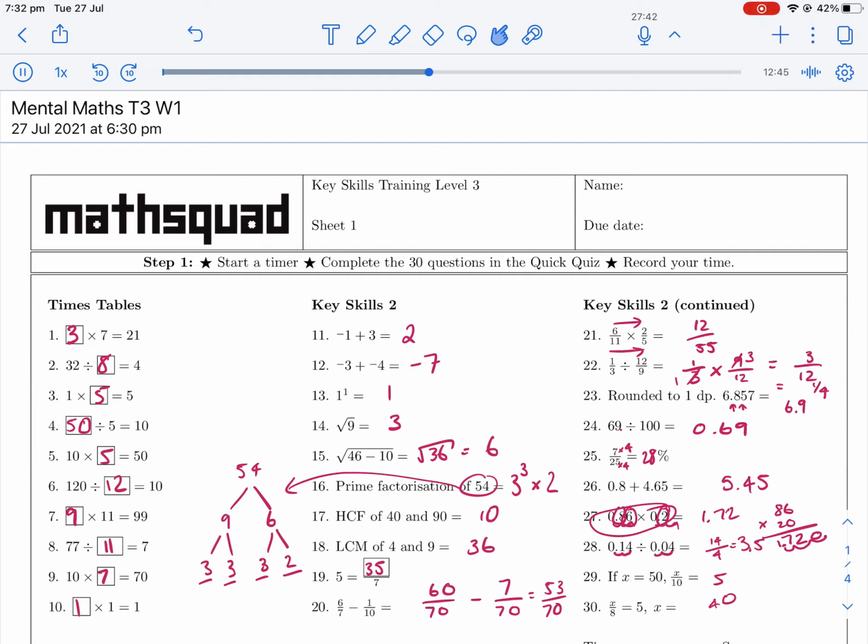Add them together, 0, 15, 15, 7. Okay, now how many digits are there behind the decimal point in the question? 1, 2, 3. 1, 2. There's your decimal point, move it 3 spots. 1, 2, 3. So your answer should be 7.55.